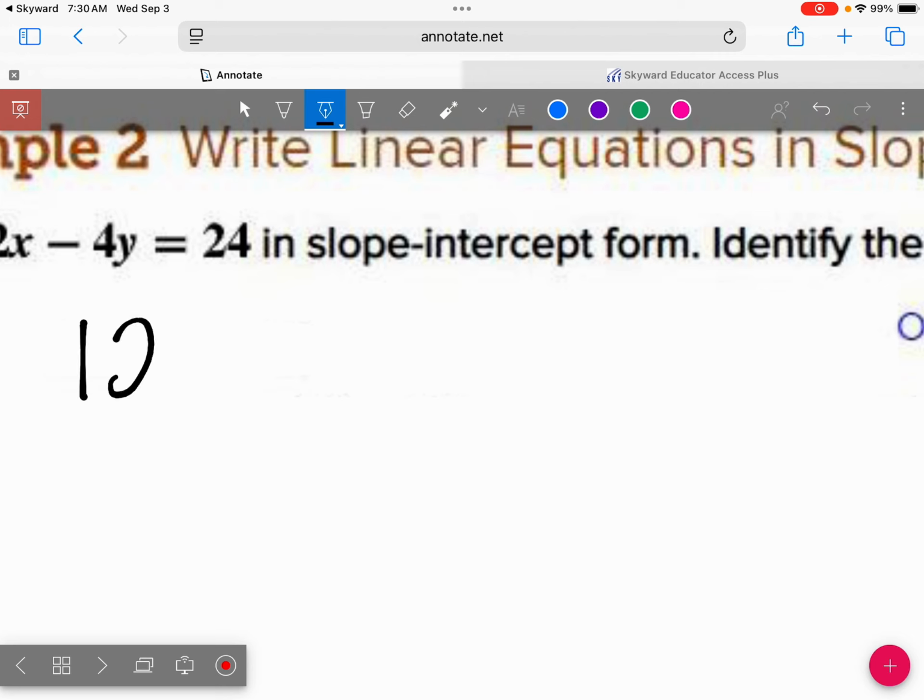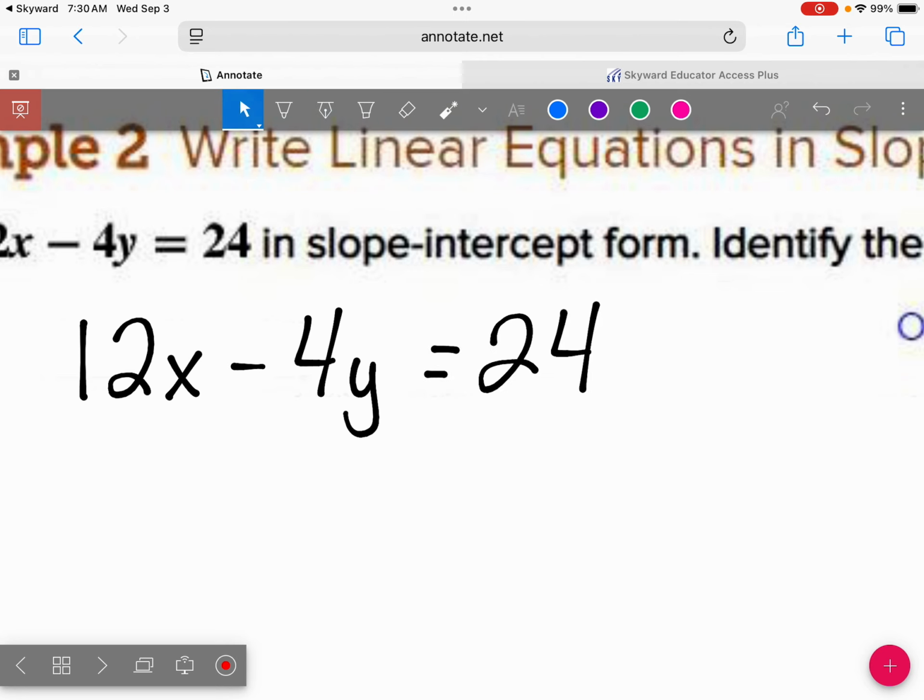So if I want to take my 12x minus 4y equals 24, and we want to get this to be a y equals, what do we need to do? How can I get my y all by itself? So that's what I want.